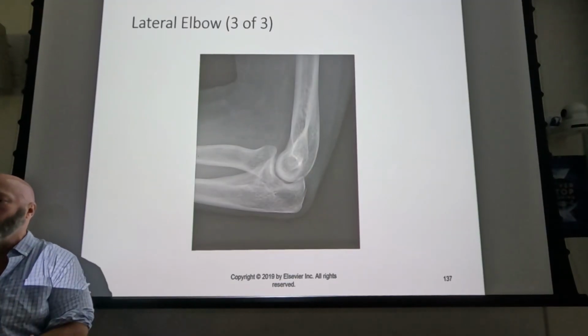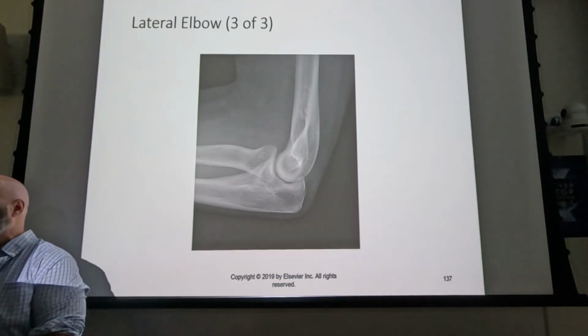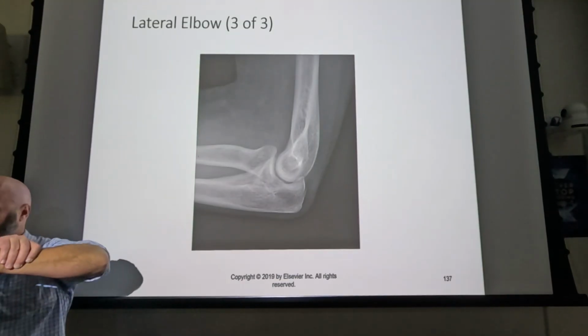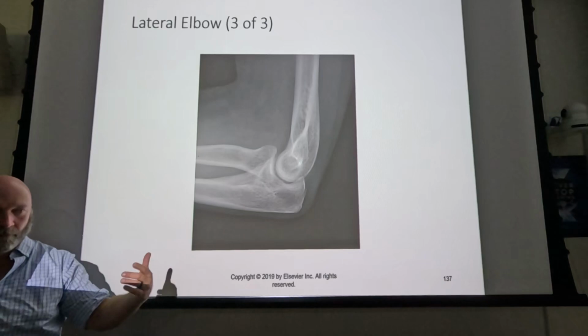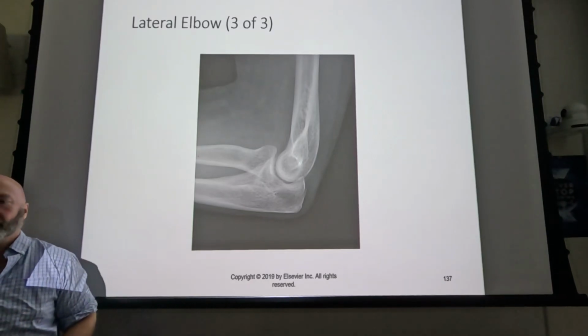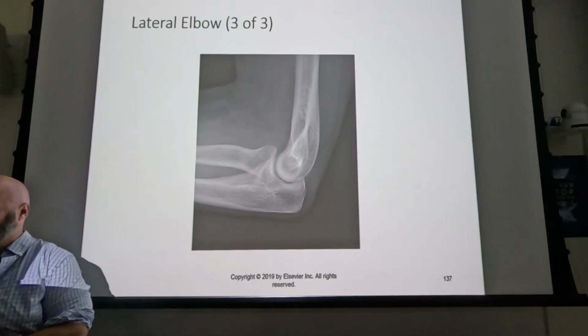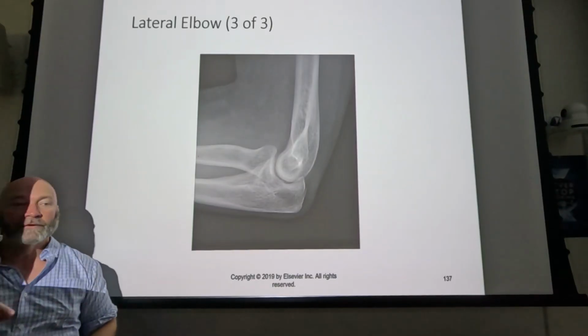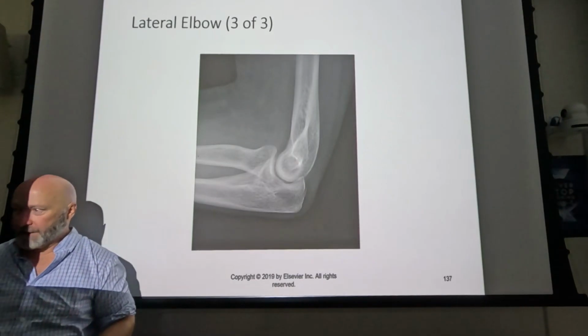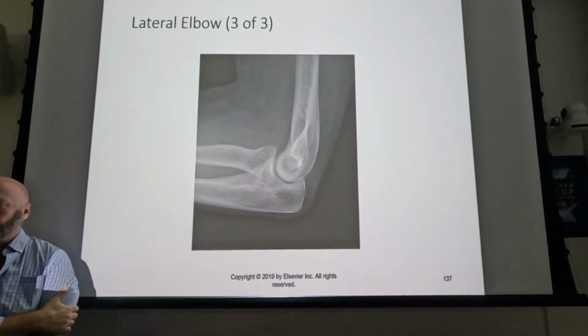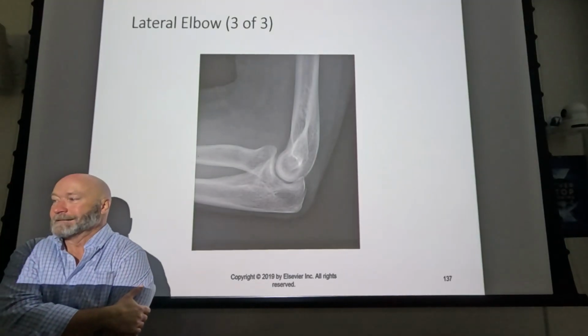A broken elbow always came to me like this, so I shot the lateral first, took a look at it, and then worked on the APs. Dislocated elbows, again, you may see a patient come to you like this, but 100% of the time that I've had dislocated elbows, the patient came holding their arm like this.